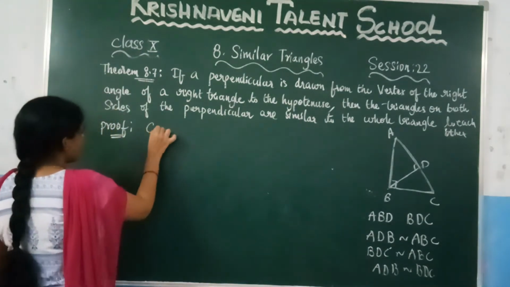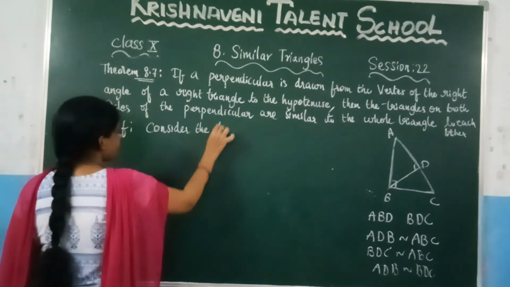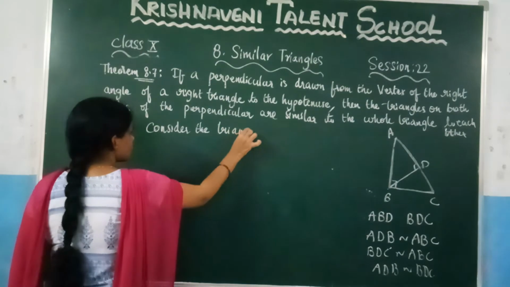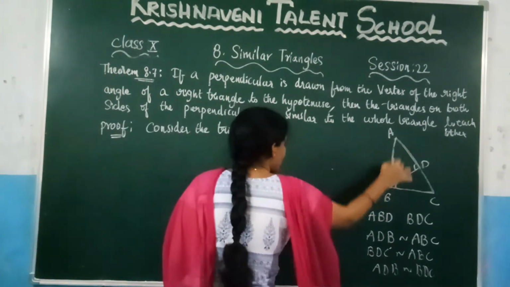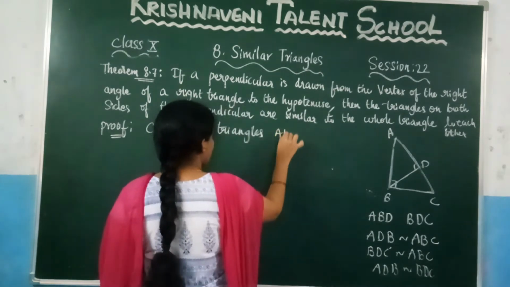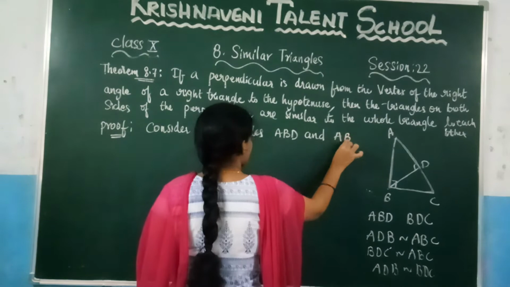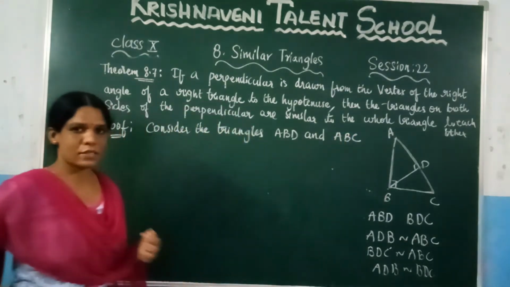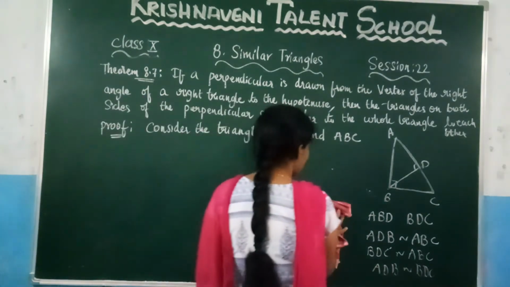So write it here. Consider the triangles. What are those triangles? The smaller triangle, which is ABD, and the bigger triangle, which is ABC. Right? Now let us consider these two triangles, and we need to prove here first these two triangles are similar.